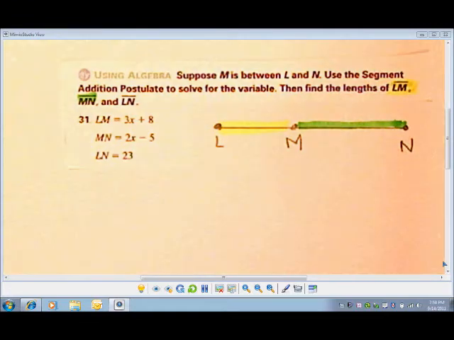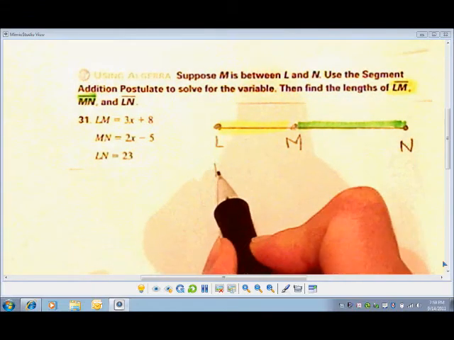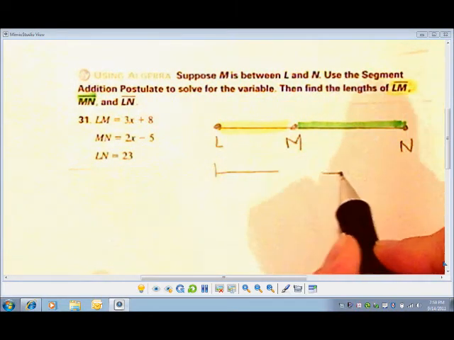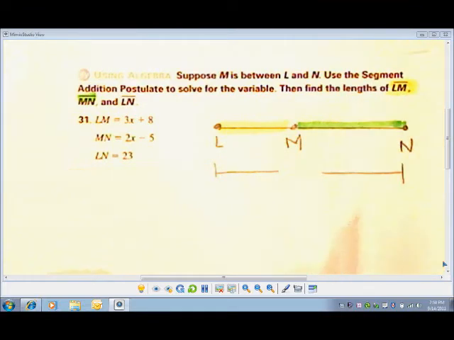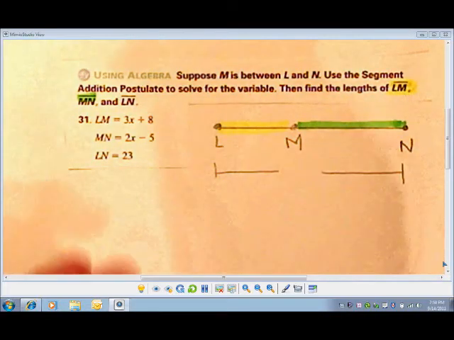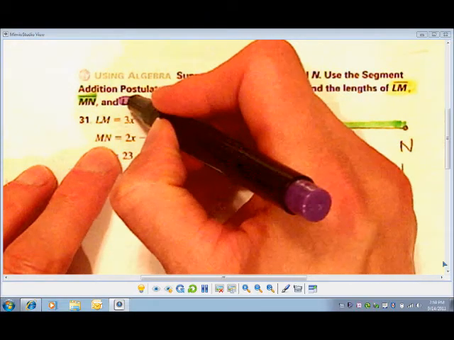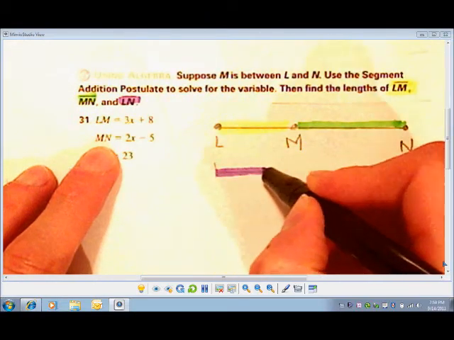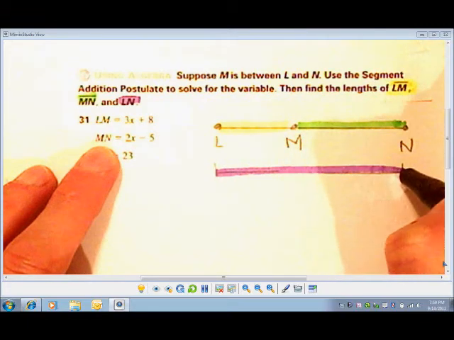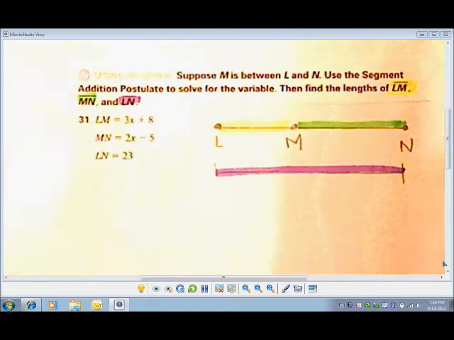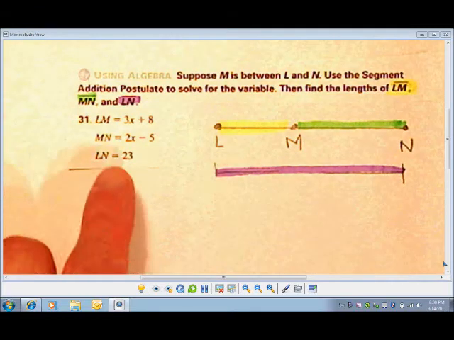So it's helpful to draw the picture and label. And then we have line segment LN. Well, line segment LN, remember, is from here all the way over to here. So I'm going to just label what I wrote in purple. So that's really this whole thing right here. Okay, that's my LN.